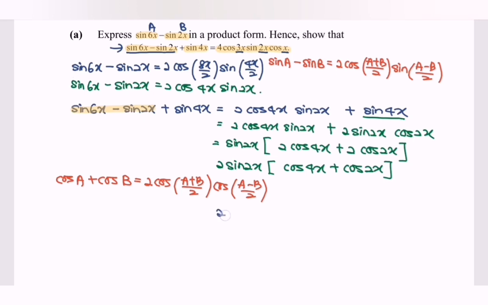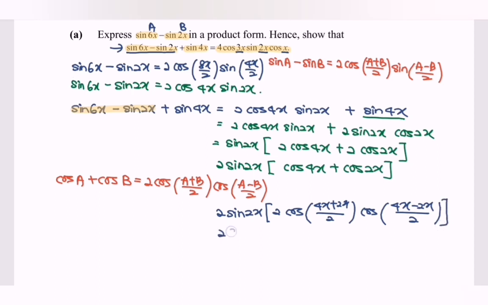So we will have 2 sine 2x bracket 2 cos bracket 4x plus 2x over 2 multiply with cos bracket 4x minus 2x over 2. Finally, 2 sine 2x multiply with 2 cos 6x over 2, we will have 3x, bracket cos 4x minus 2x, we will have 2x, divide by 2 and we will have x.